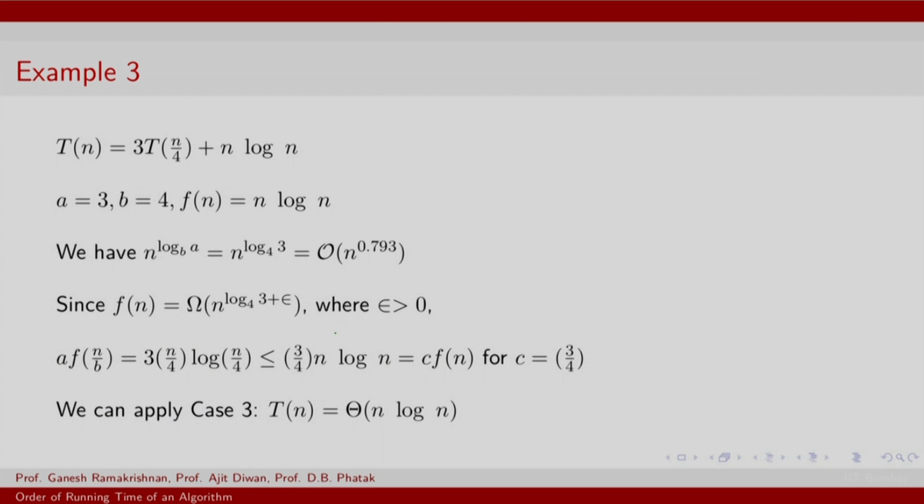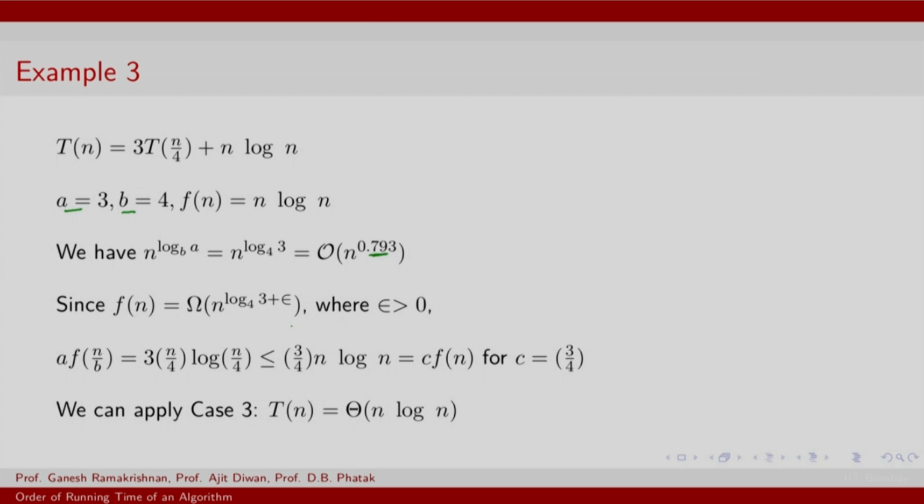A third example is when we have an omega lower bound for f(n). So f(n) actually starts dominating. So a is 3, b is 4, so b, the base for the log, is actually larger than a. So you can show that n raised to log to the base b of a is order of n raised to 0.793, and this basically shows that f(n) is omega of n raised to 0.793 plus epsilon.